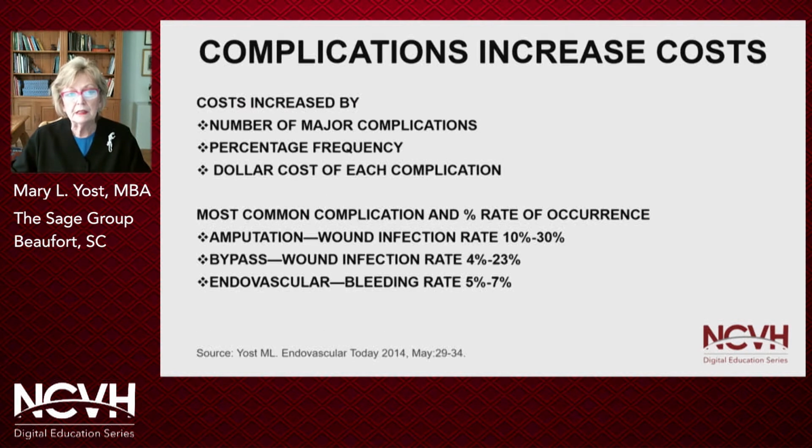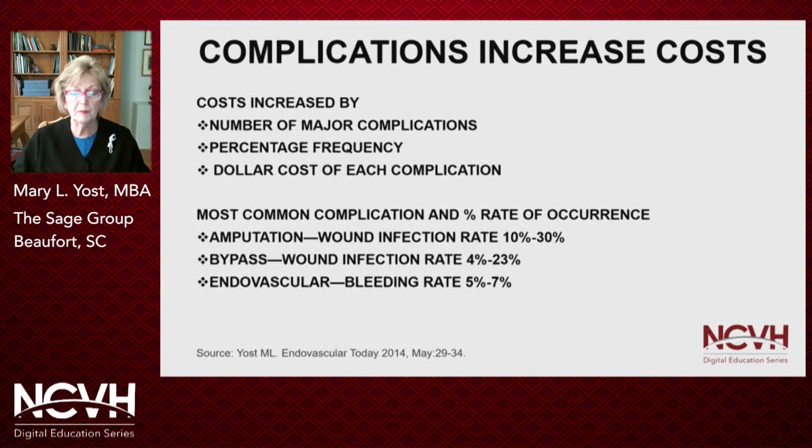Looking at complications, they increase costs in a number of ways. First of all, the number of major complications associated with the procedure, the percentage frequency, and the dollar cost of each complication. Now, the most common complication with amputation and with bypass both is wound infection. With amputation, it occurs at a rate of 10 to 30%, with bypass at a rate of 4 to 23%.